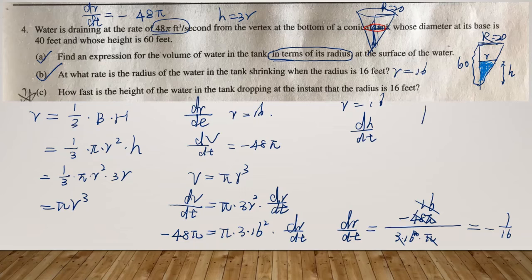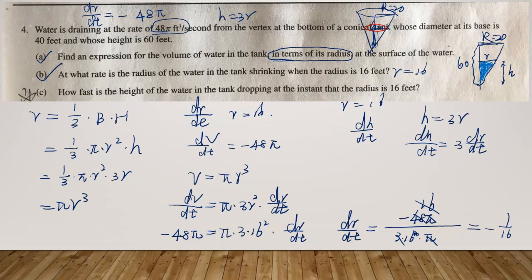As we know, the relationship between h and r is h equals 3r. So we take the derivative of both sides with respect to t. We get dh/dt equals 3 dr/dt.